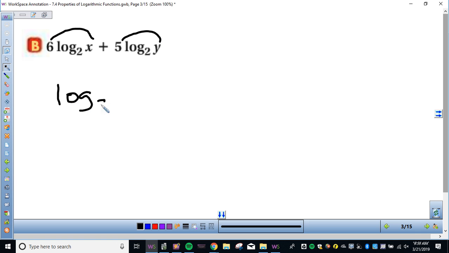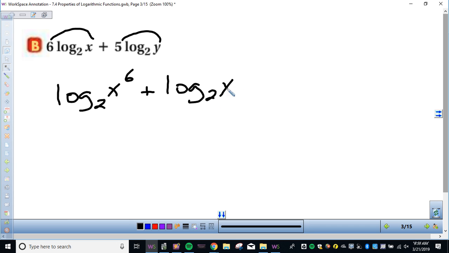So we have log base 2 of x to the 6th power plus log base 2 of y to the 5th power. And then you multiply these x to the 6th and y to the 5th together to come up with the final answer. You're using the product rule when you do that. So x to the 6th, y to the 5th, like that.